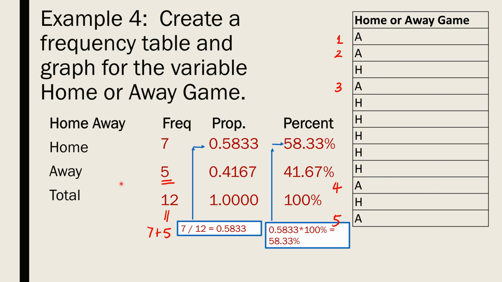Then we need to calculate the proportion of home game. The proportion 0.5833 is calculated as 7 divided by 12. Similarly, the proportion for away game will be 5 divided by 12, which equals this number. You can verify this calculation by yourself.